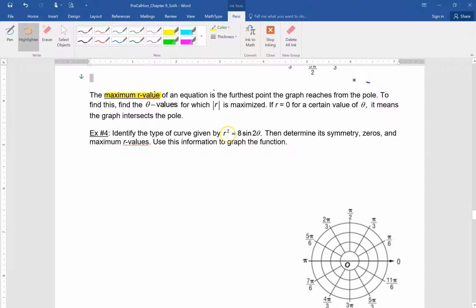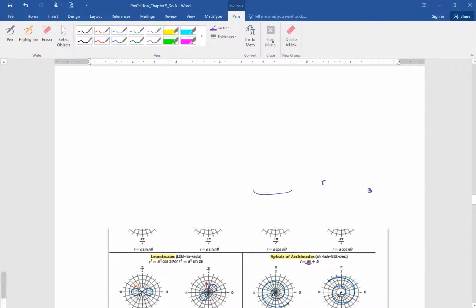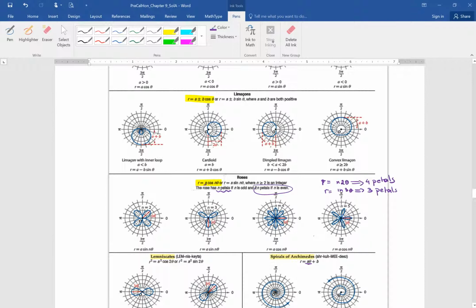So look at this here. r squared is equal to 8 sine 2 theta. It says identify the type of curve, then determine the symmetry, the zeros, and the maximum r values. So what type of curve is this? This is 8 sine 2 theta, and if we go to our table here, what kind of curve is that one?